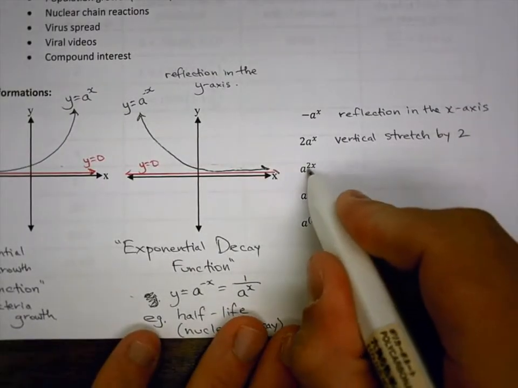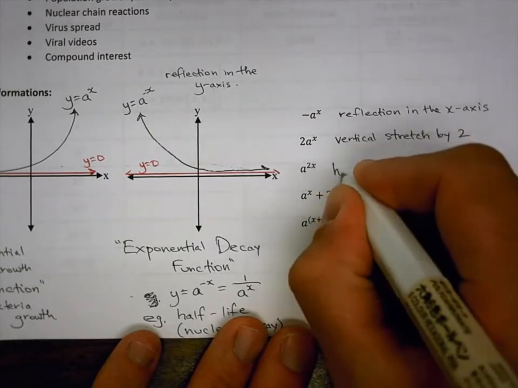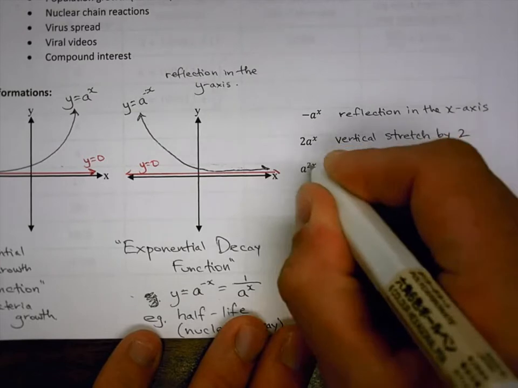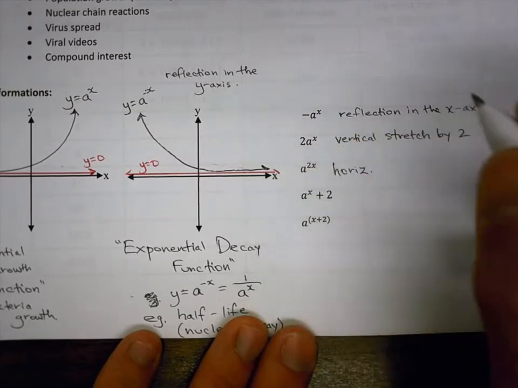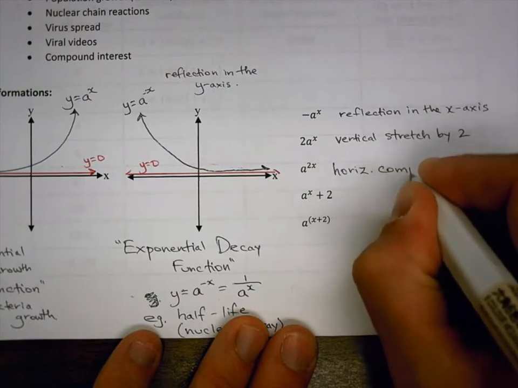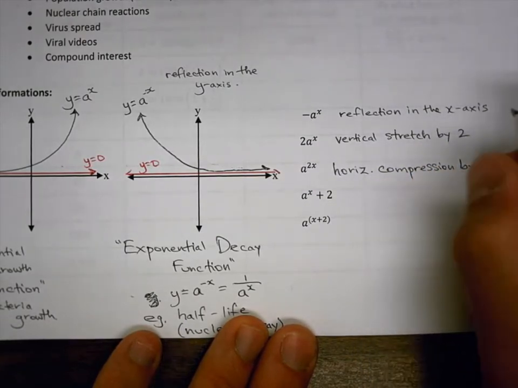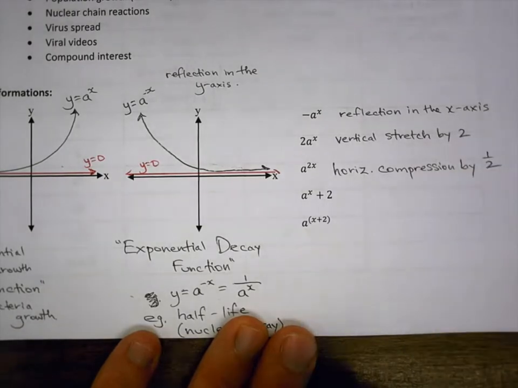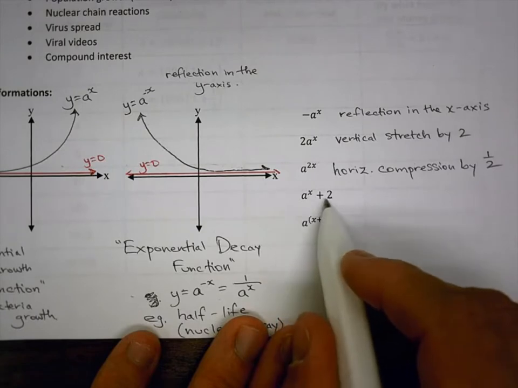If I put the 2 multiplied inside the bracket, then this is a horizontal stretch. It's actually not a stretch at all though, right? Because a big number actually means it's compressed by 1 over 2. So compressed in half. A to the x, so that whole function, I add this value.